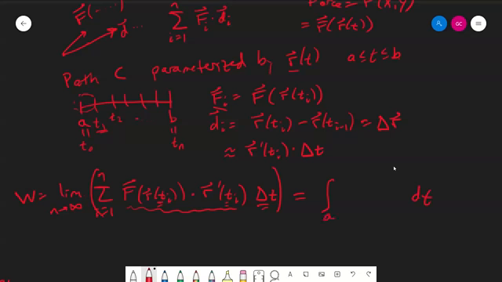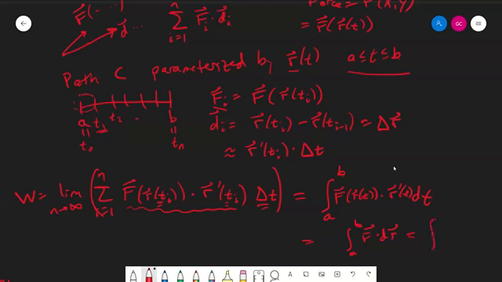It's the integral from a to b, because that was the range of t values that we said before, of F of r of t dotted with r prime of t. And often we will write that a little bit more abbreviated as just F dotted with dr. Well, in fact, usually we don't even write the a to b there.